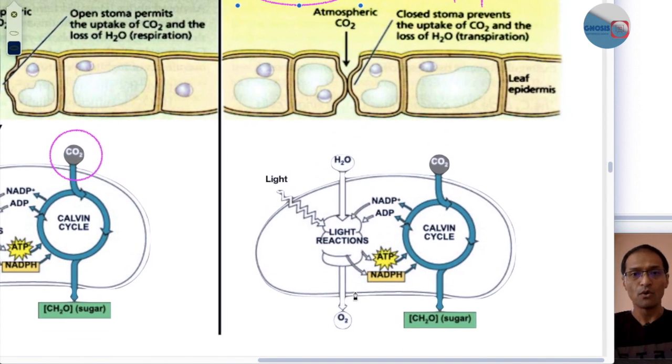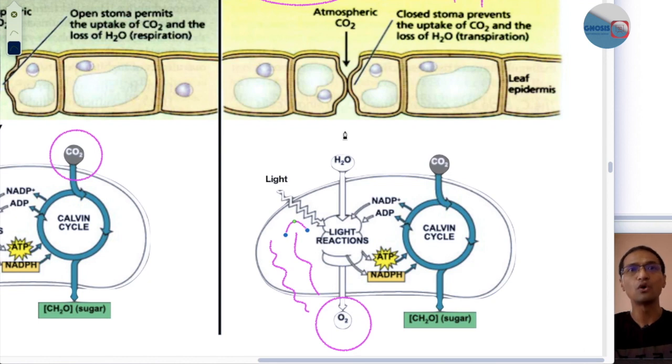But also what we have to understand is that because you still have light, the light-dependent reactions of photosynthesis will continue to take place, and as long as the light-dependent reaction continues to take place, you will also have the evolution of oxygen. So what happens is you then slowly start having a buildup of oxygen inside the mesophyll cells of the plant, and this oxygen has nowhere to go.